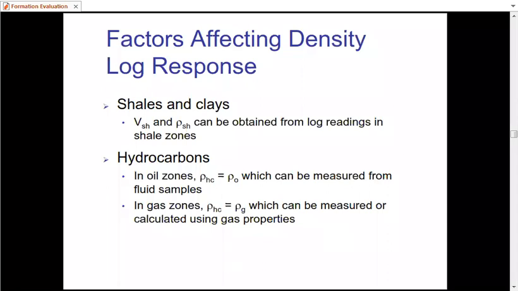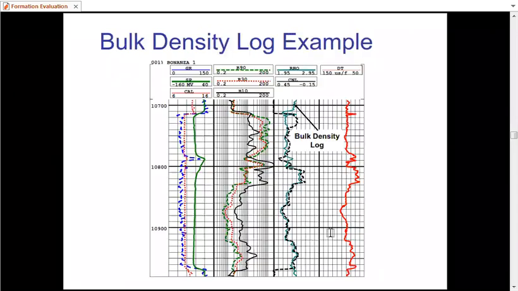In oil zones, the rho for hydrocarbon equals the rho for oil, which can be measured from fluid samples. And in gas zones, the rho for hydrocarbon equals the rho for gas, which can be measured or calculated using gas properties and correlations.